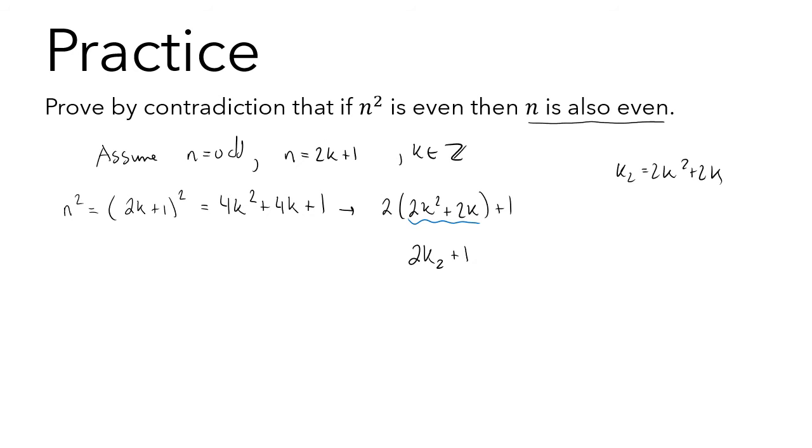Well, notice that this is of the form of an odd integer, which means n squared is odd. So we proved that if n is odd, n squared is odd, which means that the opposite is true. Therefore, n squared even implies n is even.